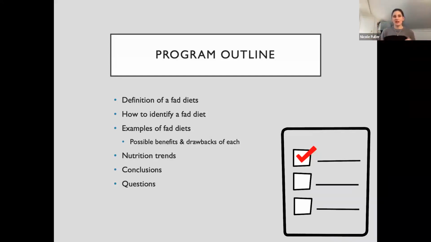We're going to go over some benefits and drawbacks, pros and cons. And then we'll get into some nutrition trends, or maybe not trends, but some things that you might see and think are fact. Then conclusions and questions, we'll finish it up at the end.